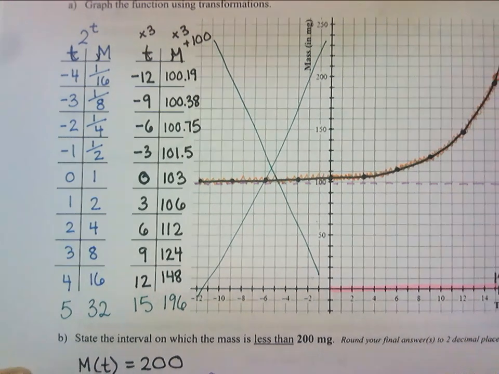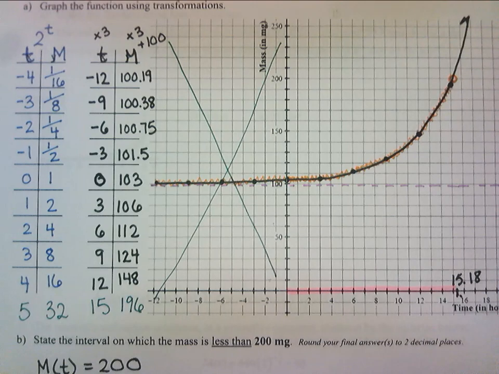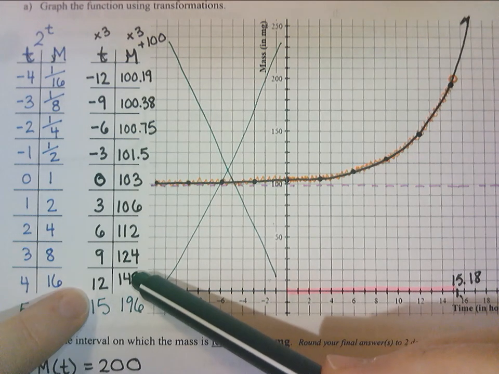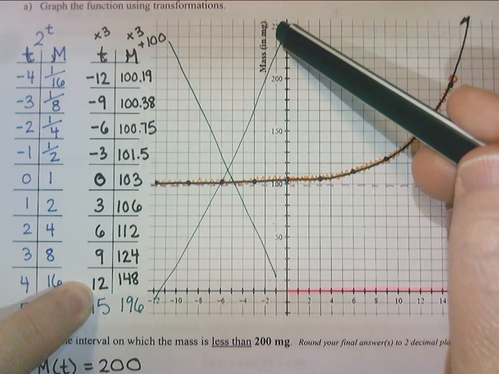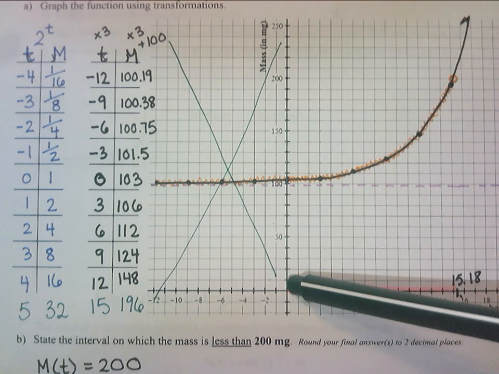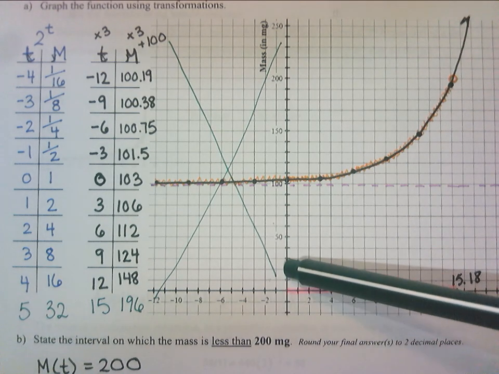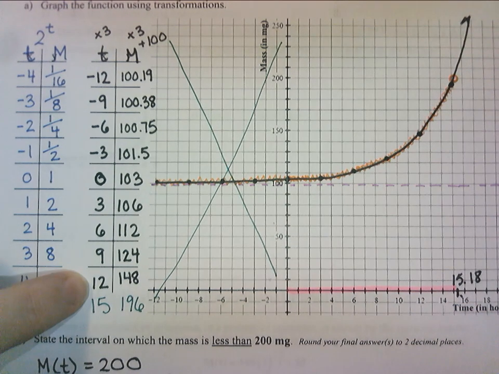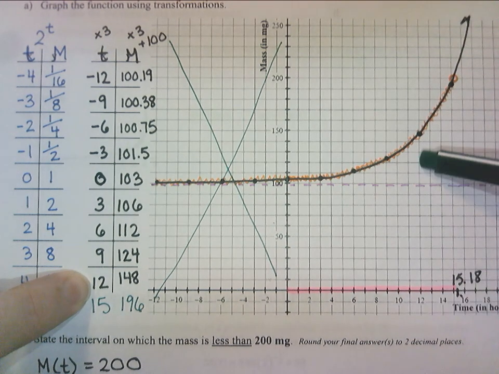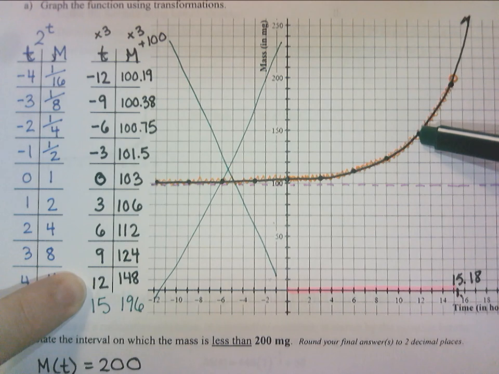All right, I plotted those numbers. I started with the non-decimals, so 12 and 148. You'll notice on the y-axis the scale is not going up by ones, it's actually going up by tens. So I had to estimate where some of these numbers were. So I had 12 and 148.